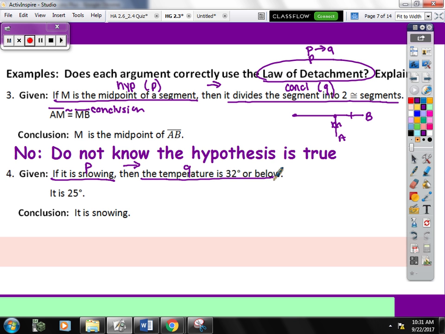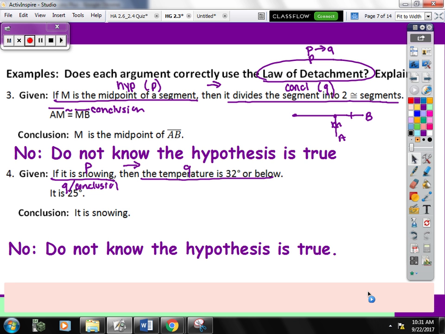P, arrow Q, or hypothesis, arrow conclusion. The given is that it's 25 degrees. That would match up with the Q part, the conclusion. Again, you have to be given the hypothesis because it's not a two-way arrow. So we, again, do not know this because we don't know the hypothesis is true.